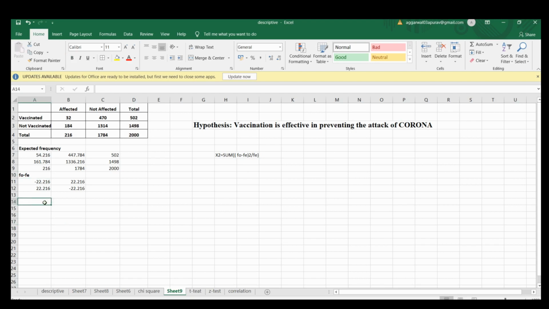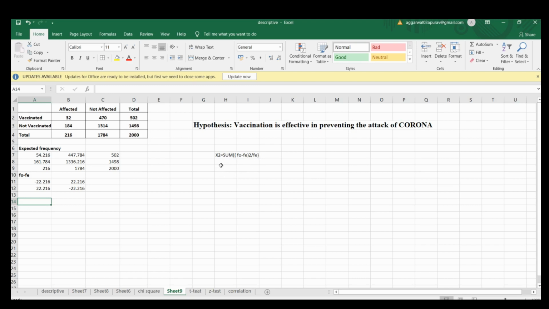Now, with FO minus FE, as per formula, sum of the square of FO minus FE divided by FE, sum of all.